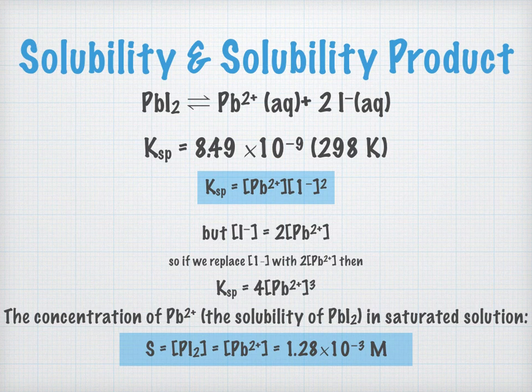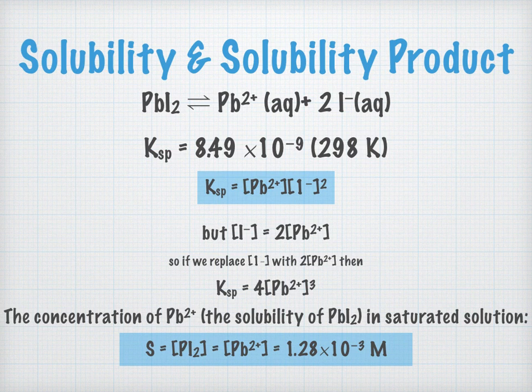And so my solubility product is the concentration of the lead 2 plus times the concentration of the iodide squared. But the concentration of my iodide is twice the concentration of my lead, so I can work that in and get my solubility product of lead iodide in terms of just one variable, my concentration of lead.